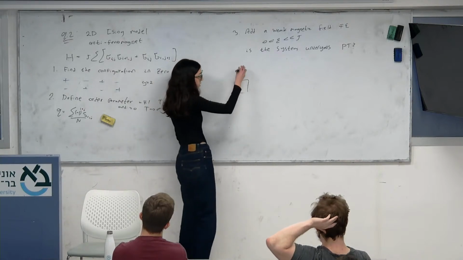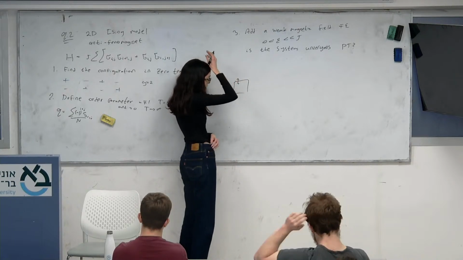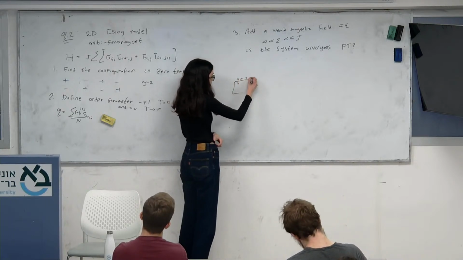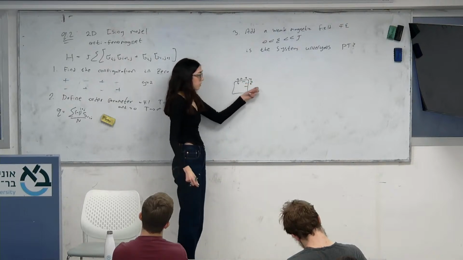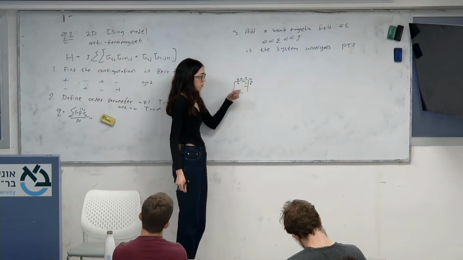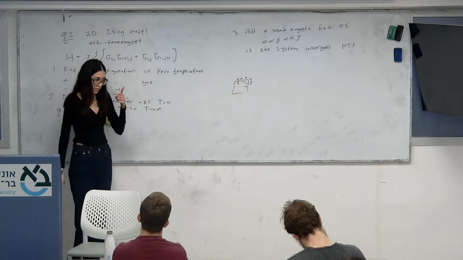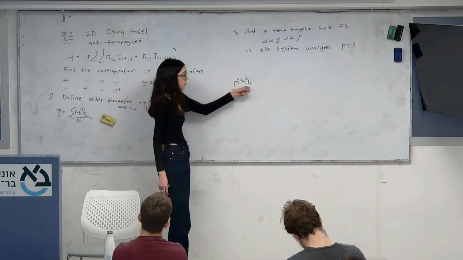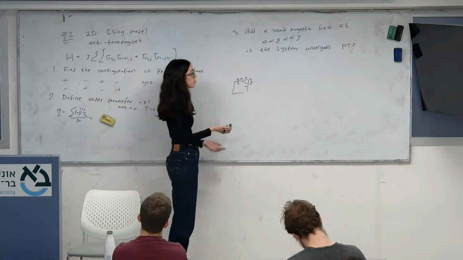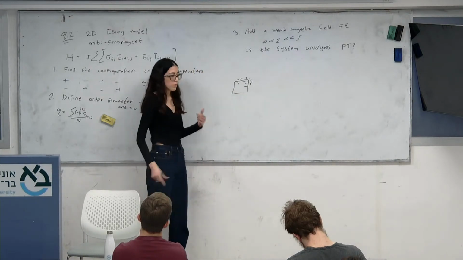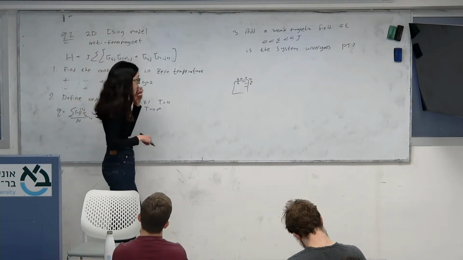If you have the pluses here, and we have the minuses here, then like in the ferromagnet, it's going to give us one contribution of the energy from the shell and the other contribution of the energy from flipping the spin with respect to the effect of the magnetic field.